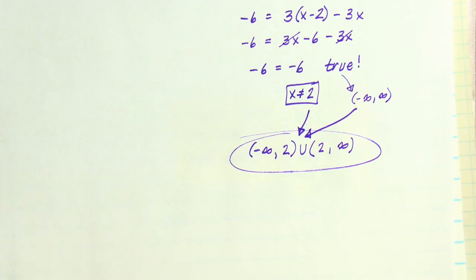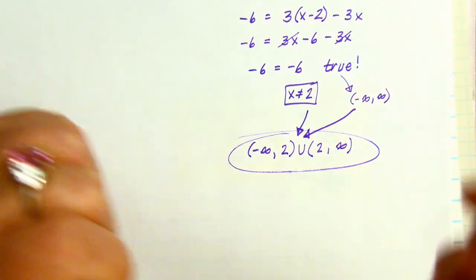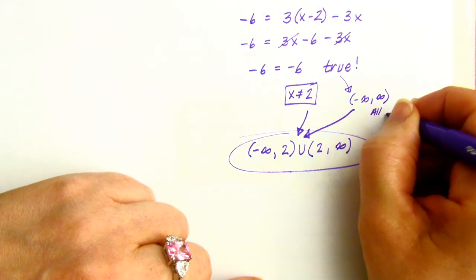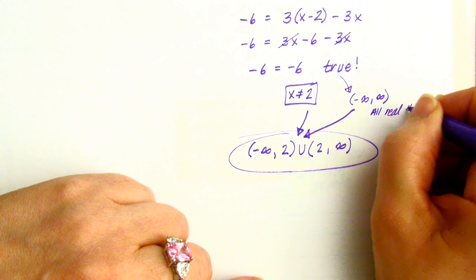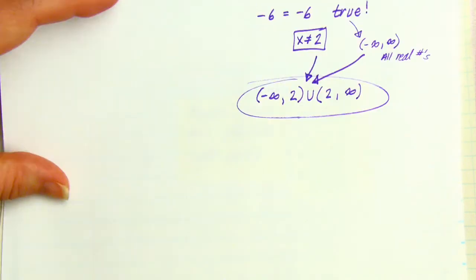All right, so again, when this is true, then it's all real numbers, which is negative to positive infinity. But you have to consider your restriction. Now, folks, if that was false, then there would be no solution, okay?